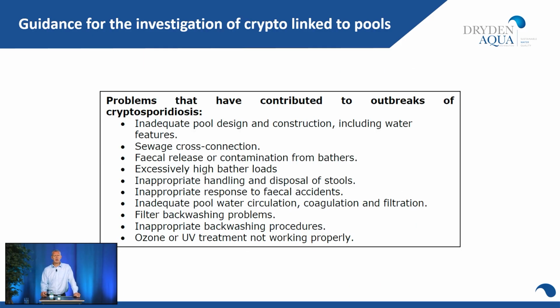The guidance goes on to tell us that outbreaks of cryptosporidiosis have been contributed to by these factors: inadequate pool design and construction, including water features. Sewage cross-connection is a curious one. Not quite sure how that can happen. It makes you think that sometimes in some places when they flush the toilet, it's going straight into the swimming pool.